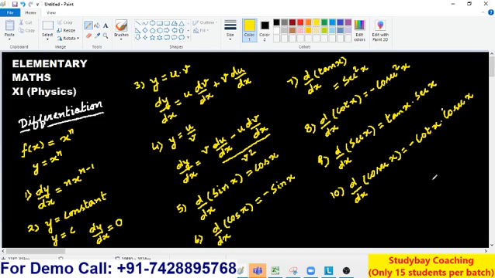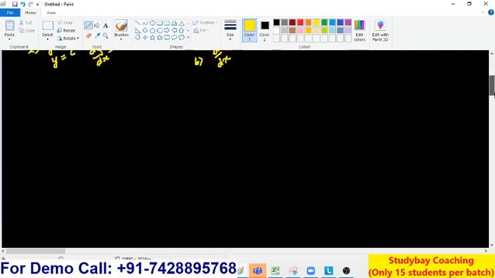Alright. Now similarly, we have inverse trigonometric functions also. d by dx of sin inverse x will be equal to 1 upon under root 1 minus x square.